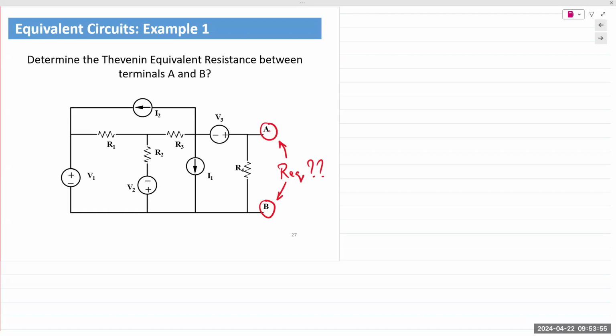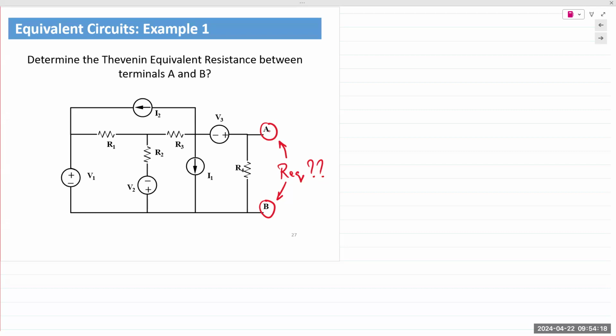So to determine Req, we have to remove all energy sources or all power sources from the circuit. In this case, we have 2 current sources and 3 voltage sources. So go ahead and draw out the diagram.